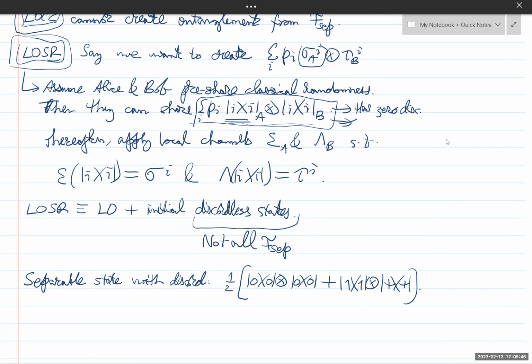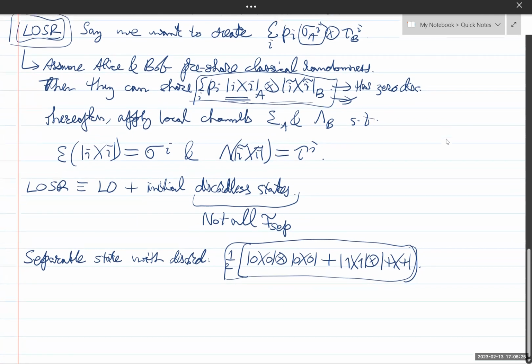So it is separable. Sorry, here when I wrote this structure, I meant that there must be some local bases i and, let's say, i tilde. They don't have to be the same bases, obviously. But using some local unitaries, you should be able to bring the state to this form. And this is a state that with just local operations, you couldn't bring to this form of shared classical randomness.